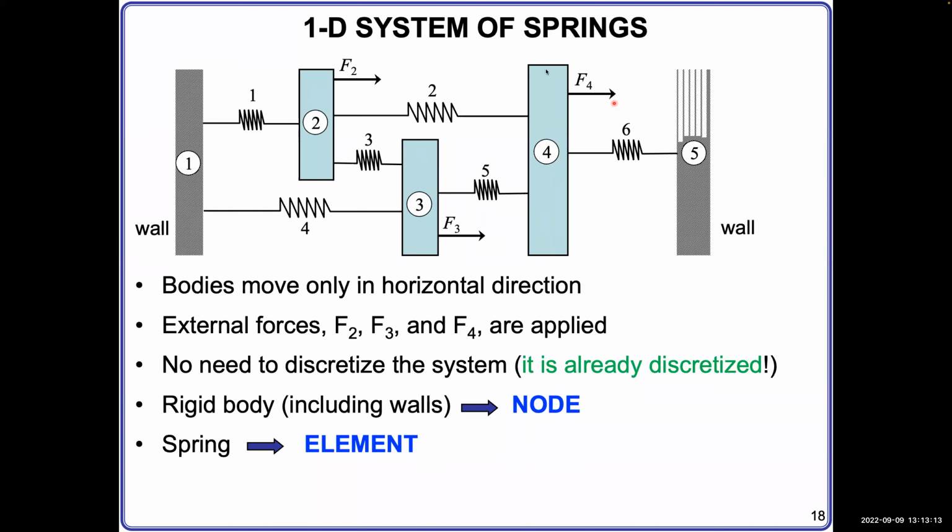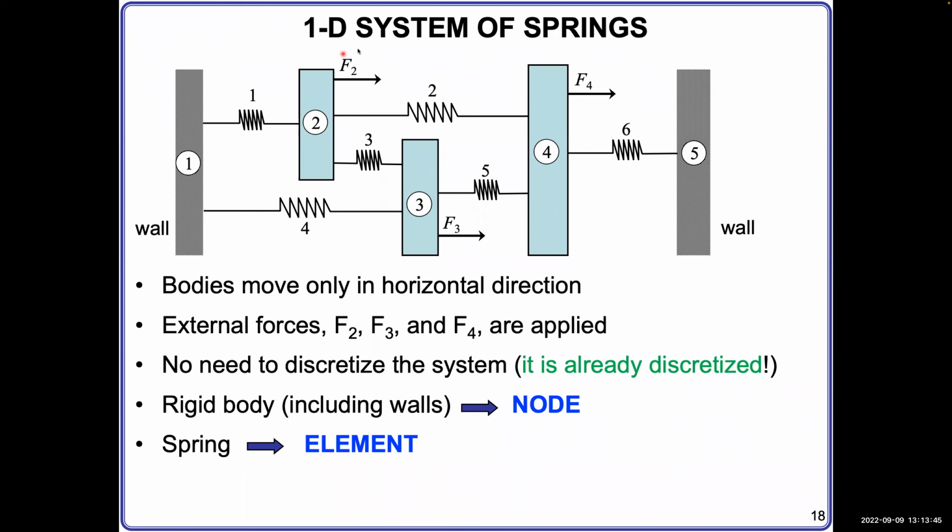Here you can see we have 2 walls, number 1 and number 5, both enclosed by a circle. We have 3 nodes, number 2, number 3, number 4, enclosed by a circle as well. Those walls and nodes are connected by springs number 1, 2, 3, 4, 5, and 6.